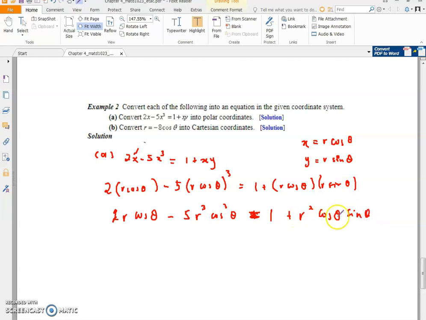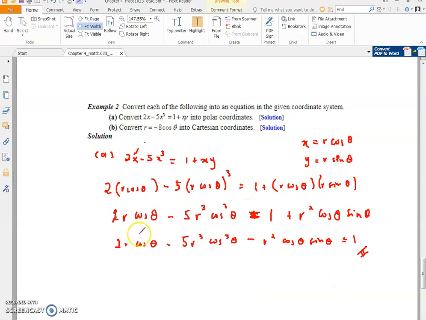It's supposed to be an equal sign there. So you can bring everything regarding r and theta to your left hand side. You're going to get 2r cos theta minus 5 r cubed cos cubed theta minus r squared cos theta sin theta equals 1. That's the answer, because you cannot simplify it further. You just need to plug in the formula for it.